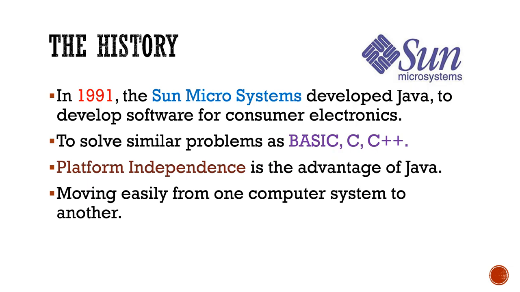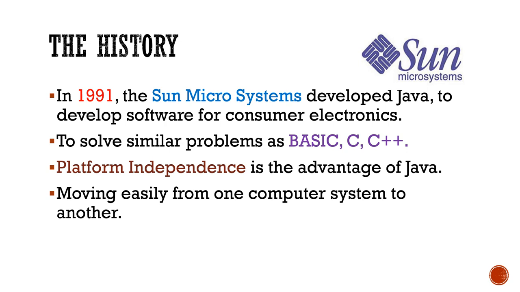Now, in 1991 Sun Microsystems developed Java to develop software for consumer electronics. So officially Sun Microsystems started developing Java mainly for consumer electronics, that is, normal electronics like household appliances. They developed software for AC, TV, all that.